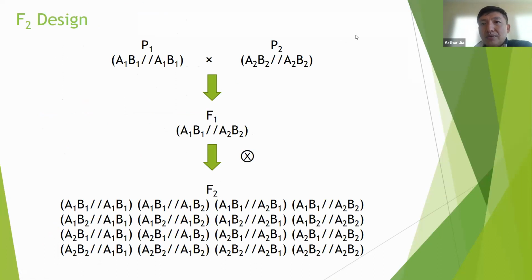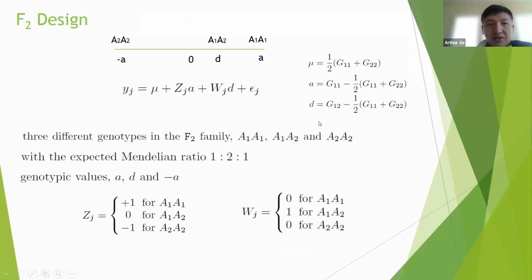All right, so I'm going to stop here because next time we're going to continue talking about the F2 design. As I mentioned, in the F2 design, we can observe more information. We have the information for all three genotypes at any locus.